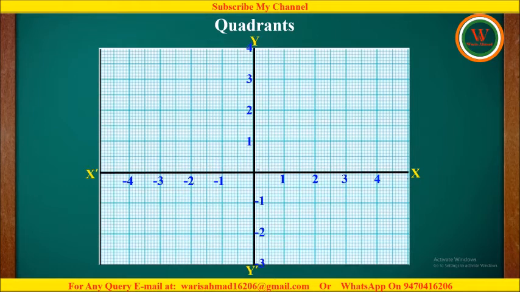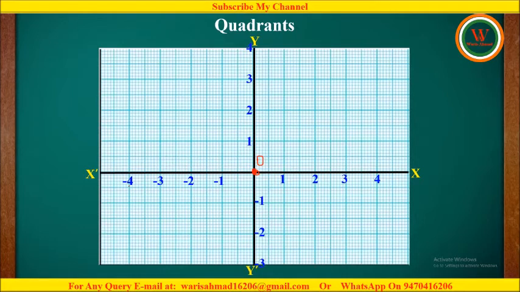The intersection of the x and y axes is termed the origin. So this point is the origin, which can be marked with point O. Now the distance on OX is always positive. So here we can observe +1, +2, +3, +4, while OX dash is negative, -1, -2, -3, -4 and so on.